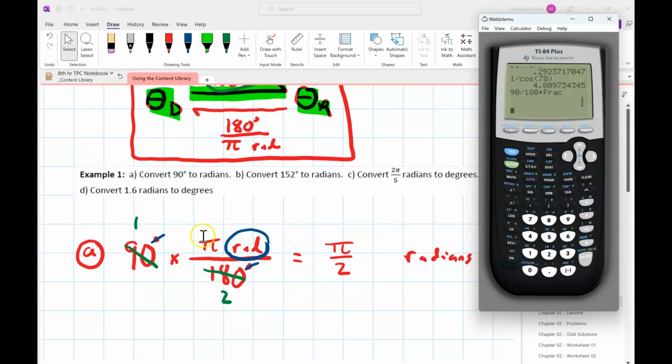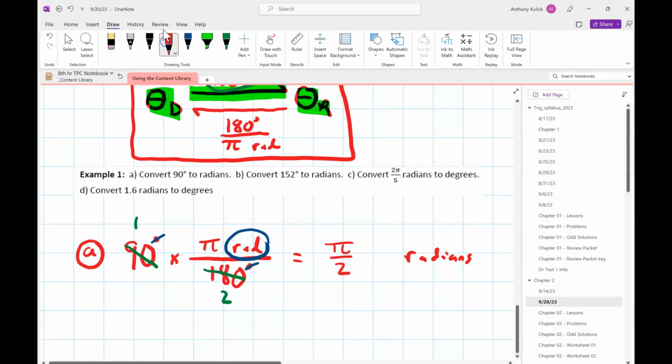So I just stick the pi on top of that and I'm done, right? Everybody's okay there? Alternatively, there's no reason I couldn't give this a decimal answer. If I took pi and divided it by 2, I get about 1.57.